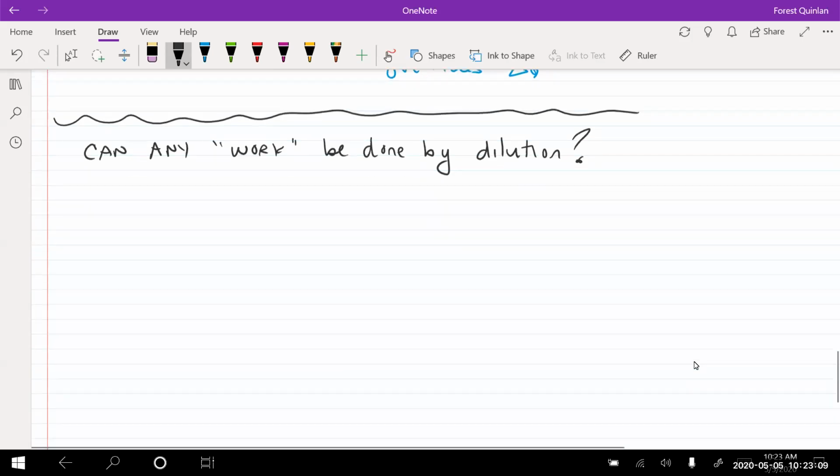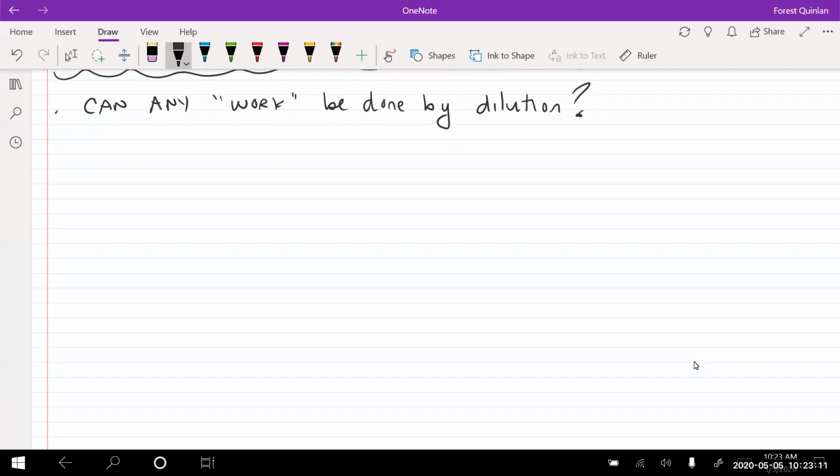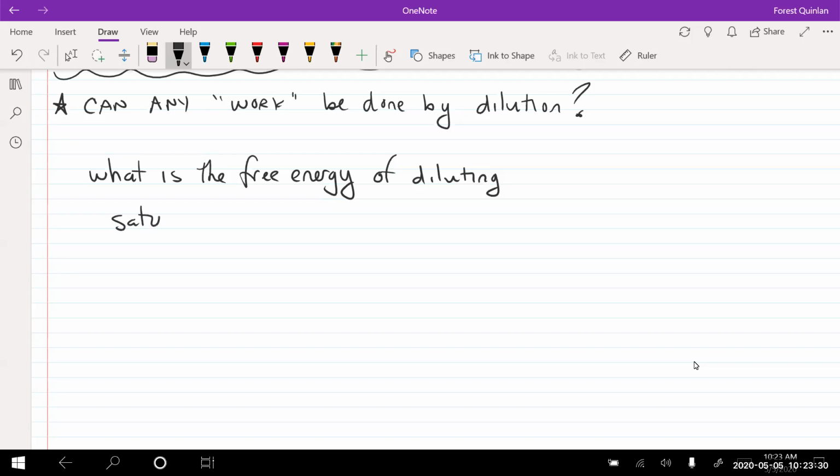What is the free energy of diluting saturated NaCl to 1 molar NaCl?